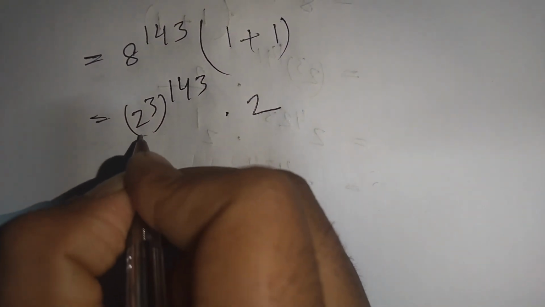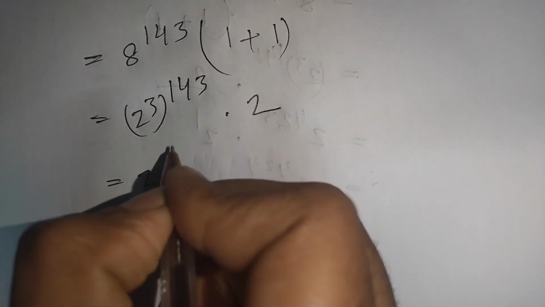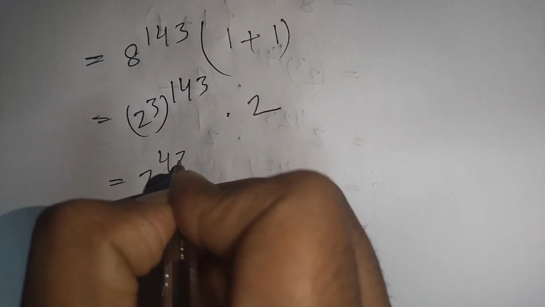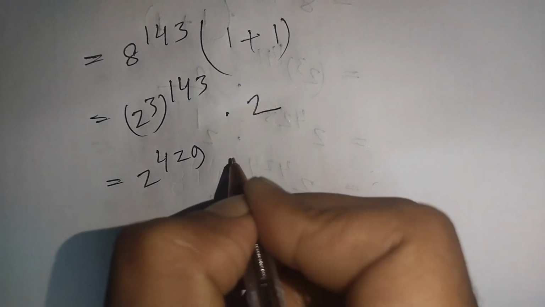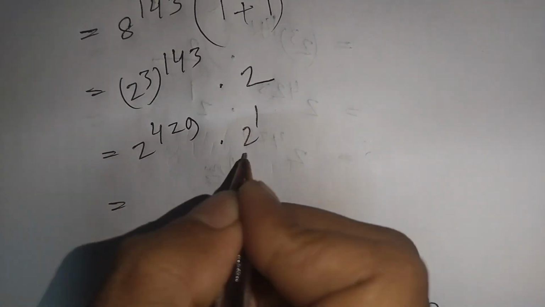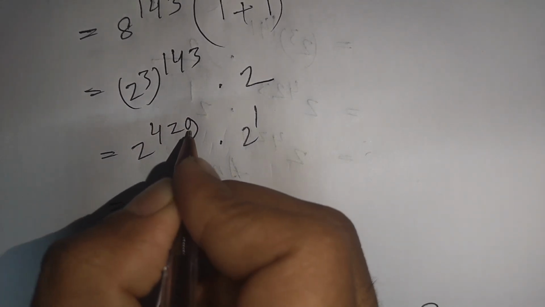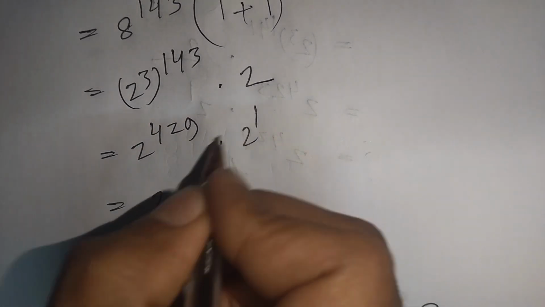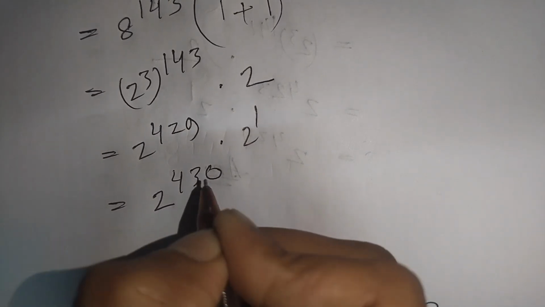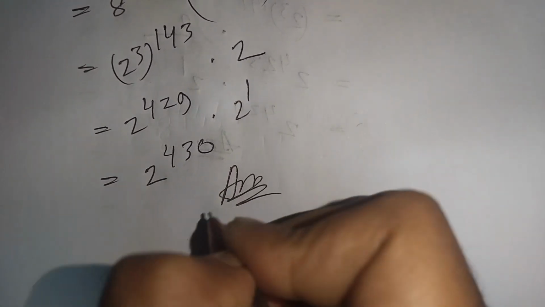So 2 to the power 3 times 143, that means 429, times 2 is the same as 2 to the power 1. Now we see that 2 is the same base but different powers. So we can write here 2 to the power 429 plus 1, that means 430. So 2 to the power 430 is the correct answer.